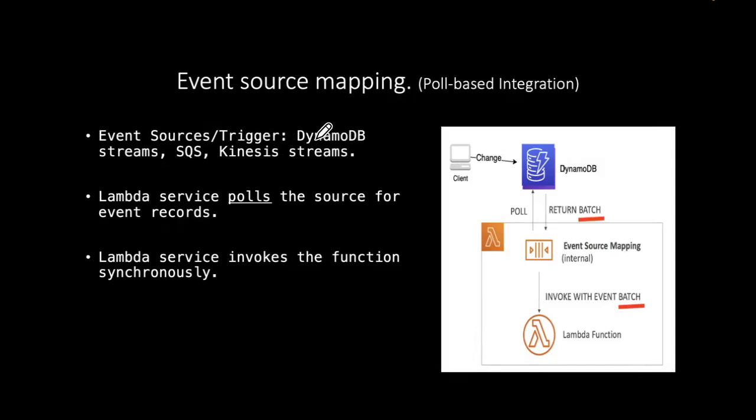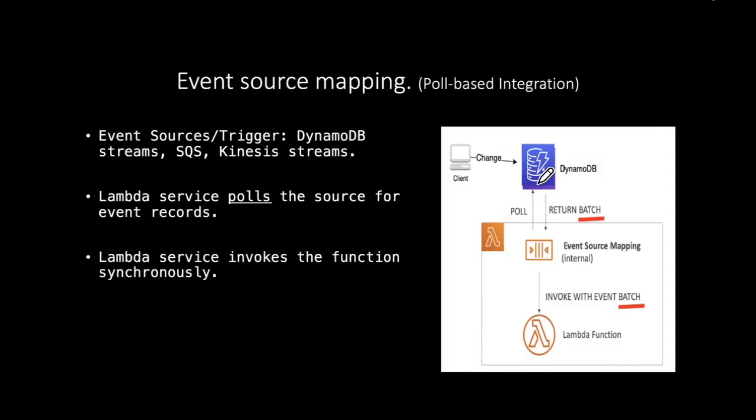If we take DynamoDB, which is a database service, what we're illustrating over here is an example of that. And so this is a DynamoDB database. And let's suppose down here we've got our Lambda function. We want this function to execute whenever there is a state change in a DynamoDB database.